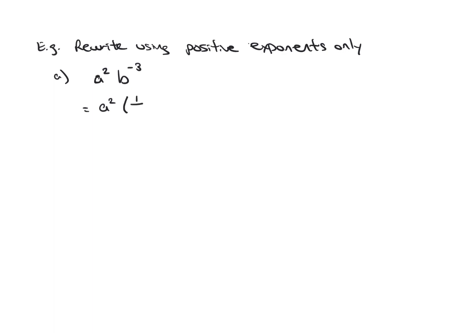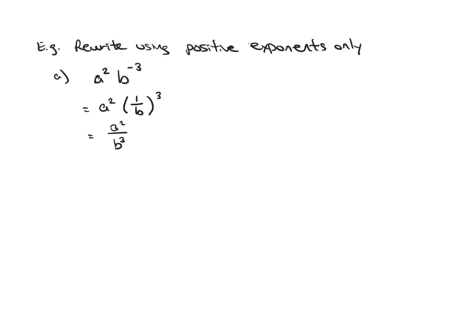So b flips to 1 over b, and then you change the exponent to positive. So that could be a valid answer. Usually this gets simplified, so usually it simplifies to a squared over b cubed.